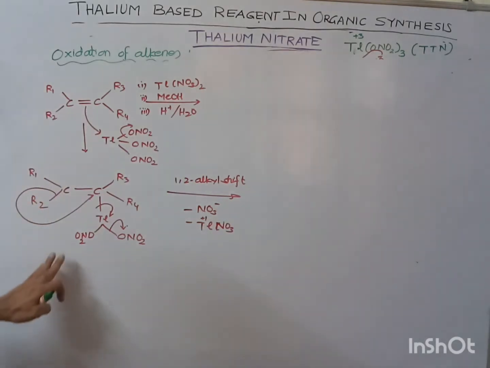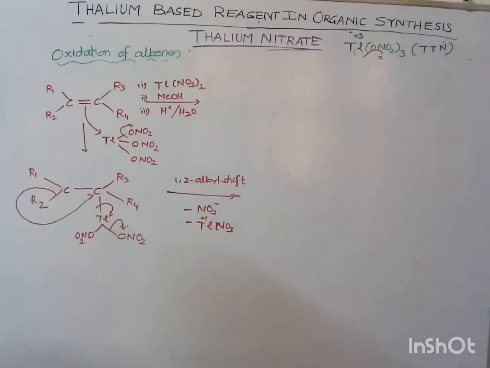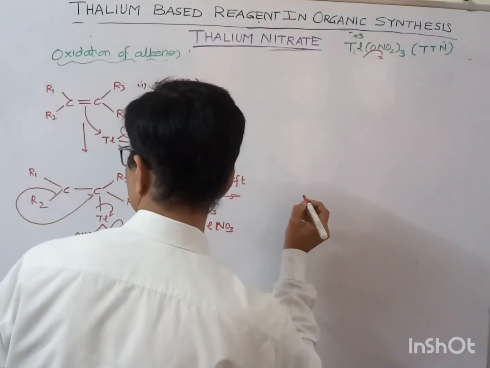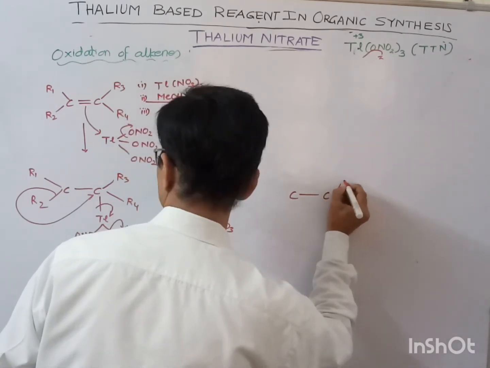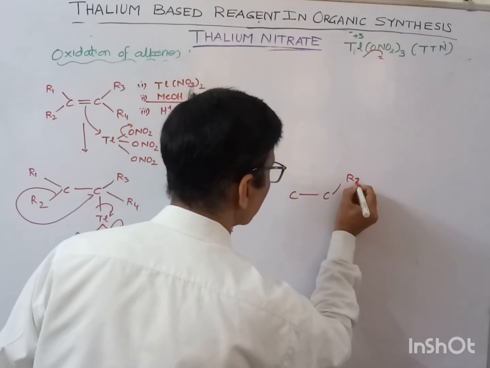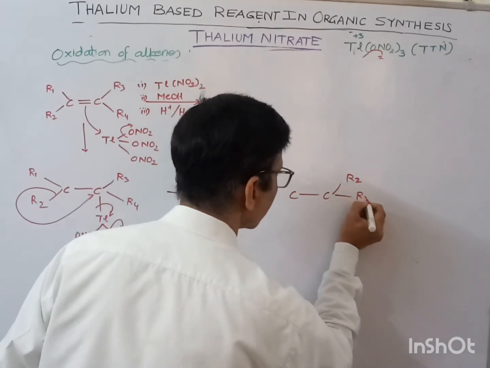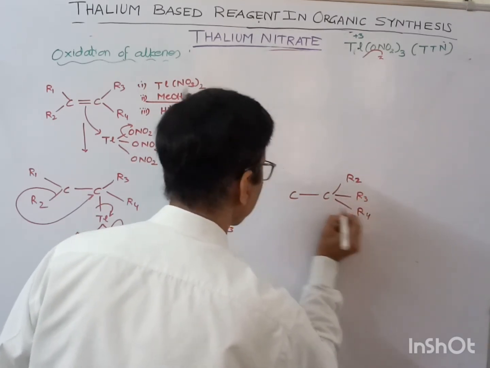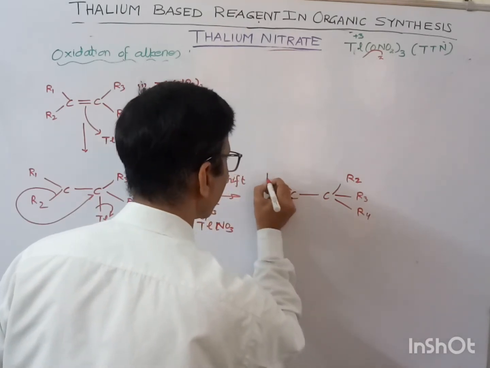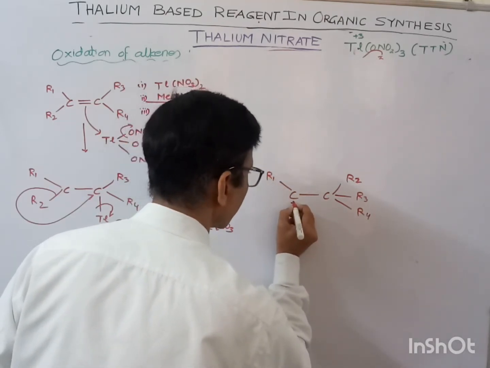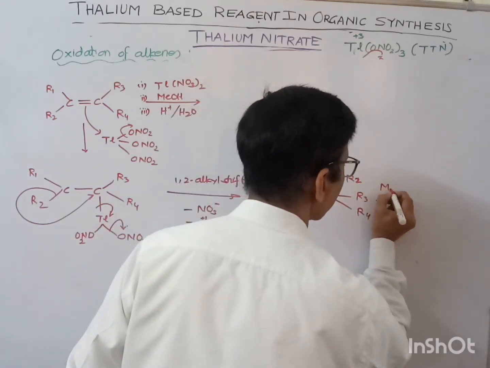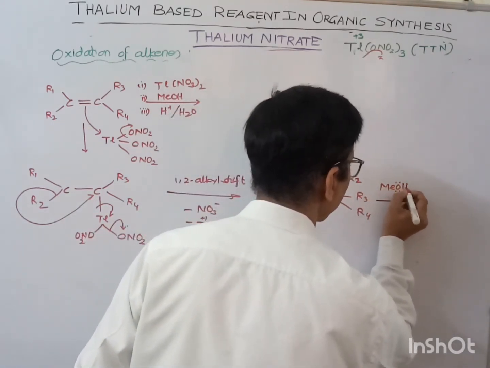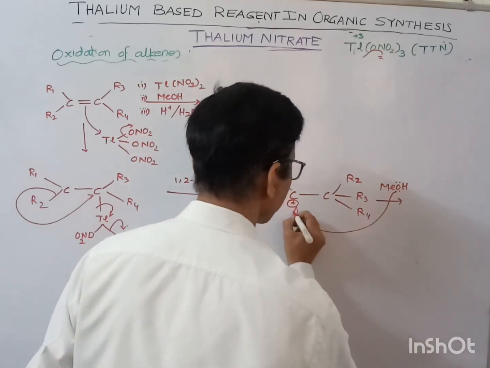So what will be the product over here? This is R2, this is R3, this is R4, and we have R1 and a plus charge over here. Now methanol as a nucleophile will attack this center.